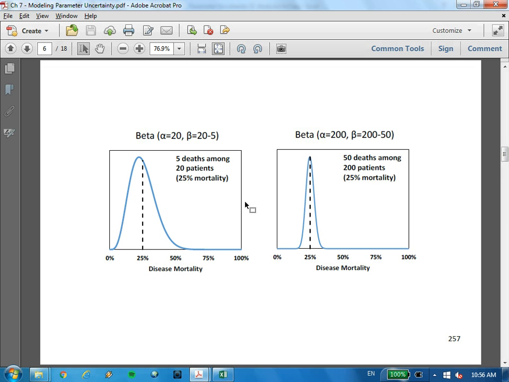If I use the 25%, I'm treating these two data sets equal. If I run my model with 25% mortality, I'm ignoring the fact that these two data sets have different numbers of patients. That's what I'm trying to do. If I have more patients, I want to sample the mortality from this distribution to capture the uncertainty. And if I have less data, I'm less certain about my estimate in this scenario. Right? Does it make sense?